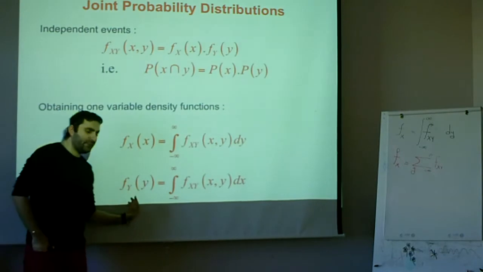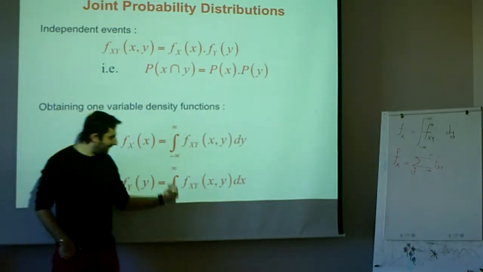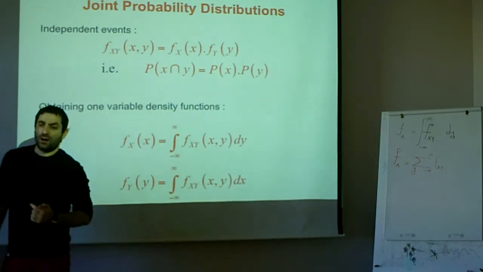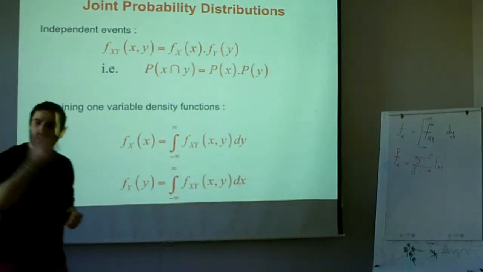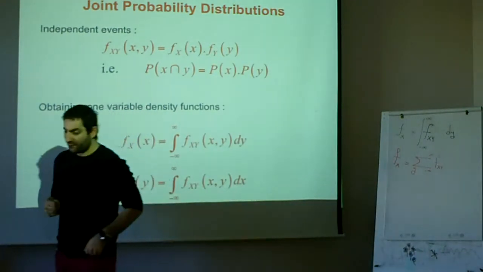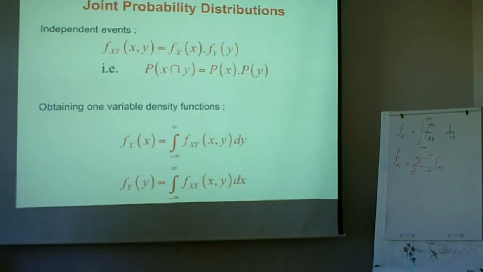And similarly, if you want to get f of y, you can integrate over x of f of x and y, which means that you are removing the x, and what is left is f of y. And similarly, if you want to do it for a discrete form, you have to use the summation.